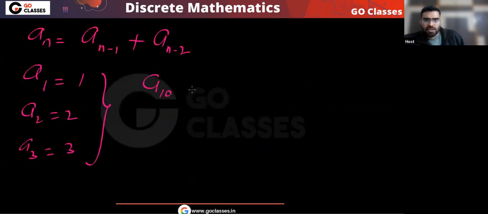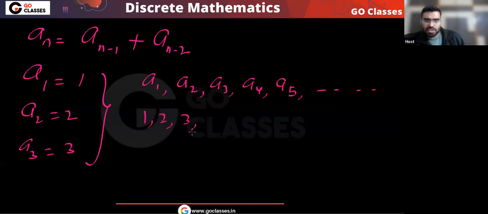So you just got a sequence, right? It's like A1, A2, A3, A4, A5 and so on. It's like 1, 2, 3, and every term is the summation of the previous 2 terms. So this will be 5, this will be 8, this will be 13. Like this you can go on and find A10.